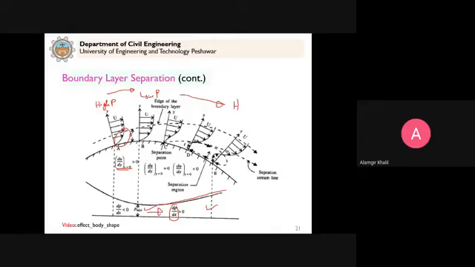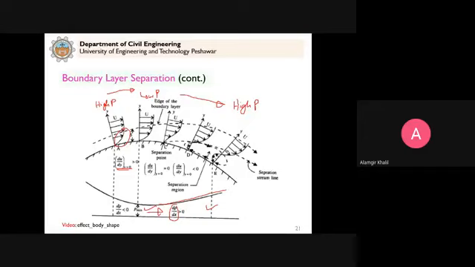As the flow moves on the surface of the body, we are moving from high pressure to low pressure and then to high pressure. When you move from low pressure to high pressure, this is known as an adverse pressure gradient.